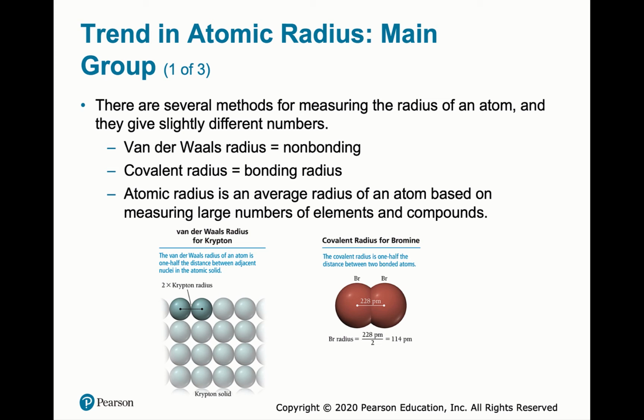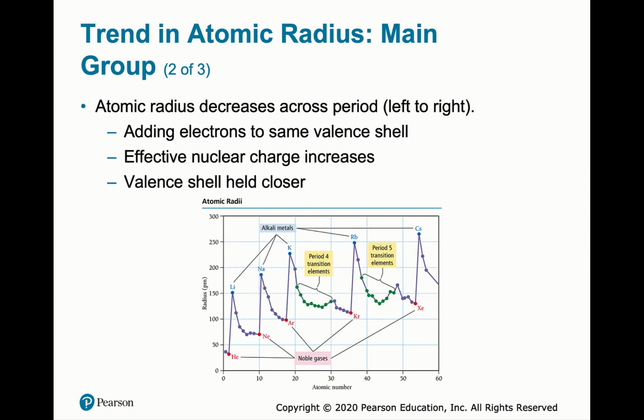The reason is that the nucleus becomes more positive, and the outer electrons are not shielded by each other, so they feel more of that positive charge. So moving to the right on the periodic table, the radius goes down in size, then at a noble gas it jumps back up and slowly goes down again. You can see that the transition elements have some unique stuff going on. We'll talk about this in future classes and chapters of this book.